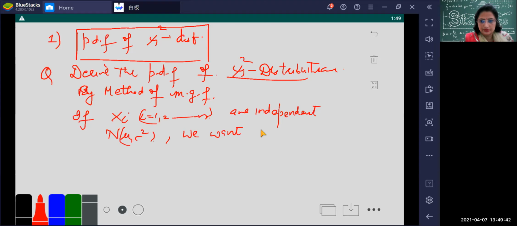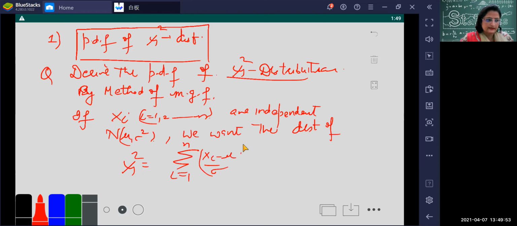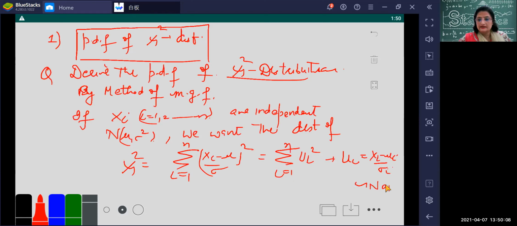We want the distribution of chi-square, which is the summation, i running from 1 to n, of (xi minus mu by sigma) whole square. We name it ui square, where ui is equal to (xi minus mu) upon sigma, and it follows normal distribution with mean 0 and variance 1, because this is the standard normal variate.